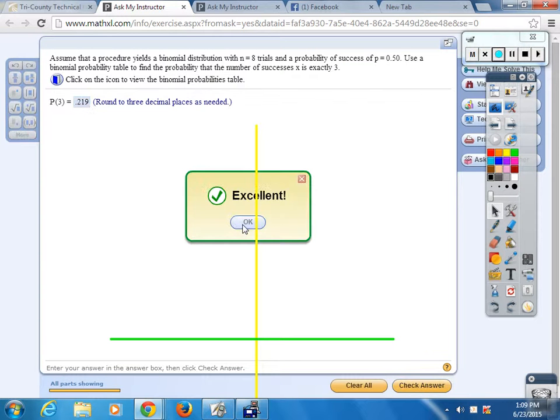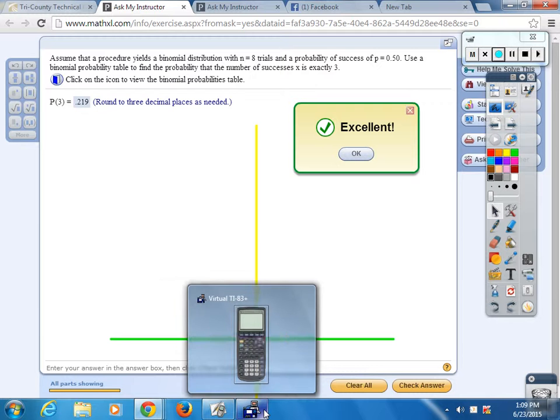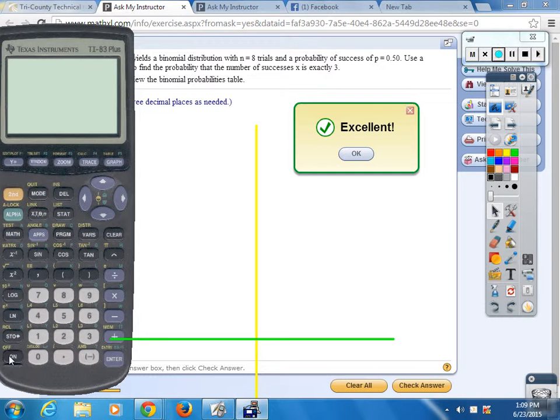It's a miracle. And what do you do if you don't want to use the table because you're too lazy? If you're too lazy to use the table, second function entry, and our N is what? 8.